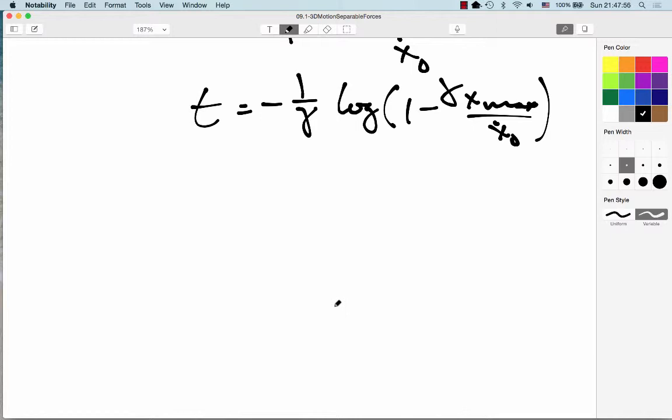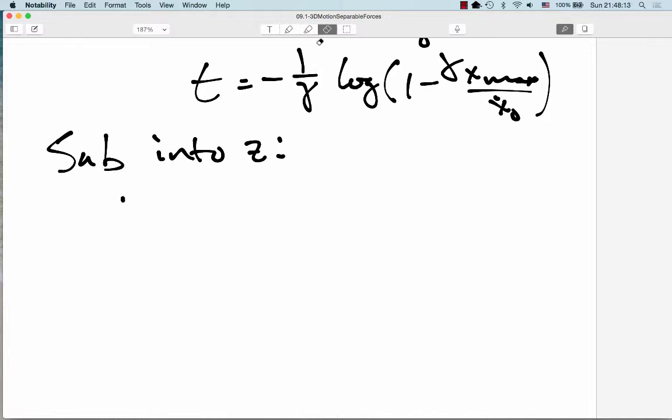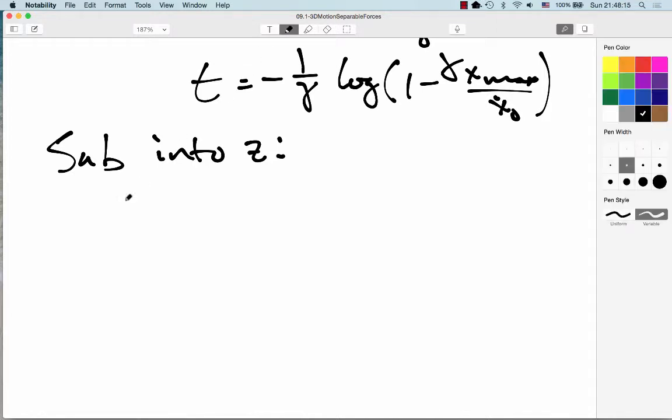Okay, so now that we've got the time of flight, we can substitute into our solution for z. So we'll have that z equals 0, because we want where it impacted the ground.